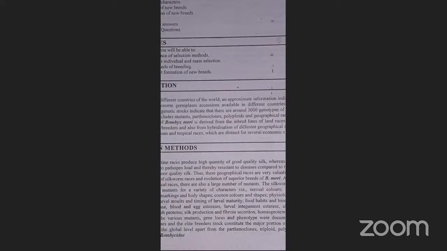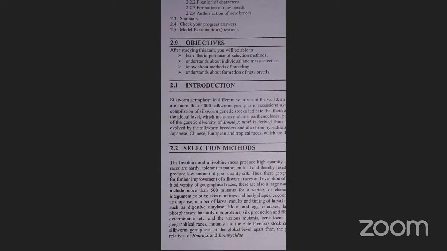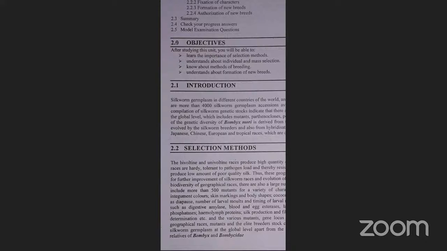Multivoltine silkworms have more resistance to disease, because the incubation period takes only some days and the silkworm lifespan is very short. So multivoltine races produce silkworms with greater disease resistance.